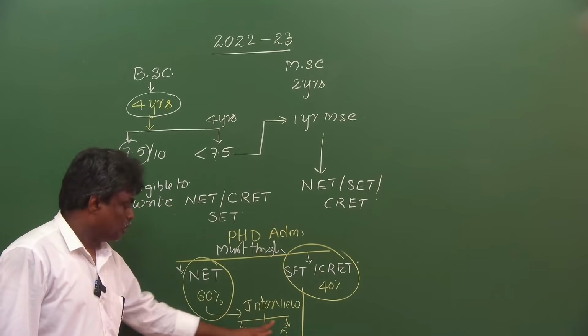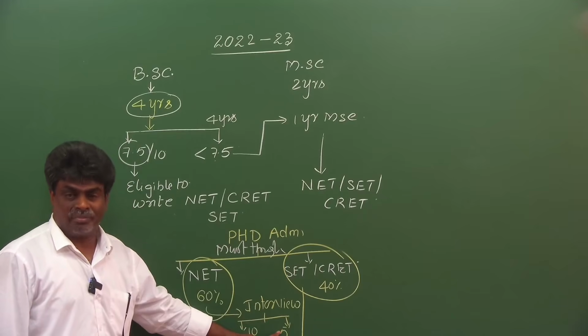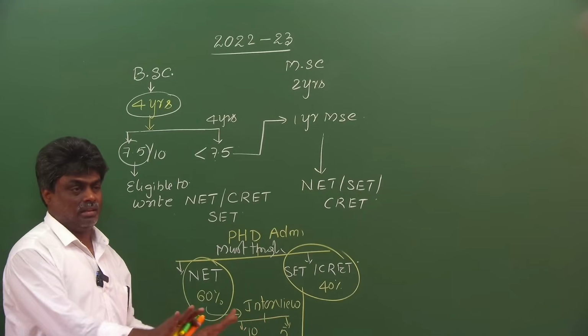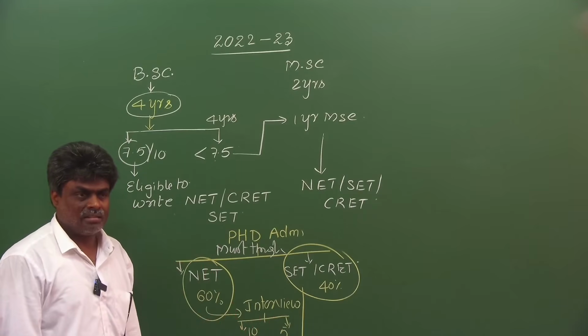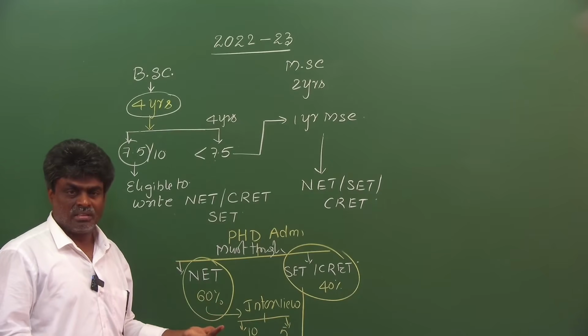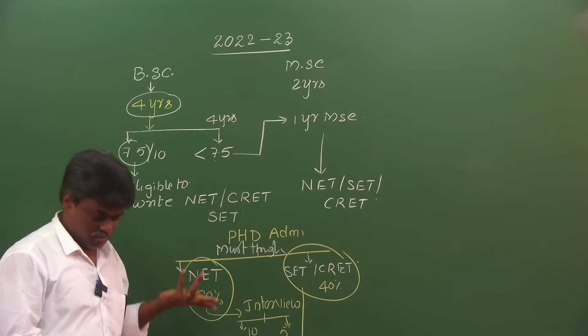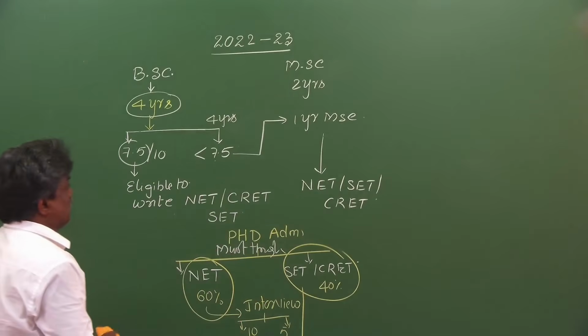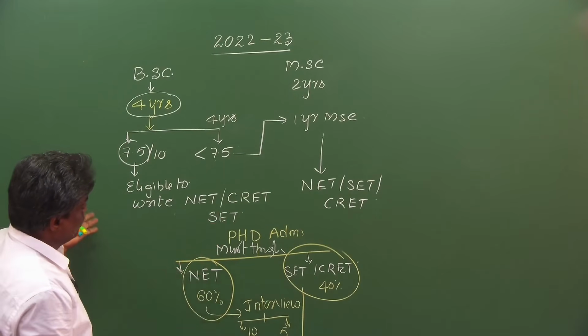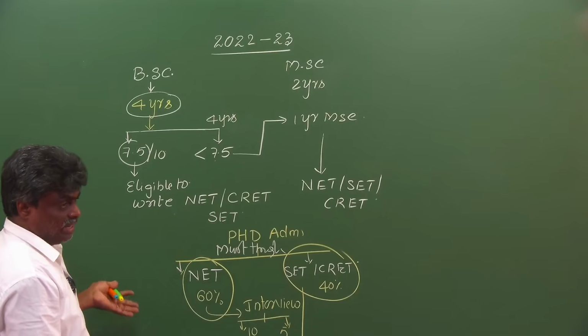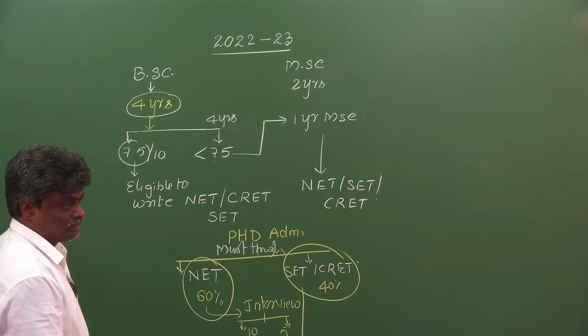But only 5 marks is the difference between LS and JRF. Understand? Very important. Next year onwards, everything is changing. So this is the change going to come in India next year onwards.